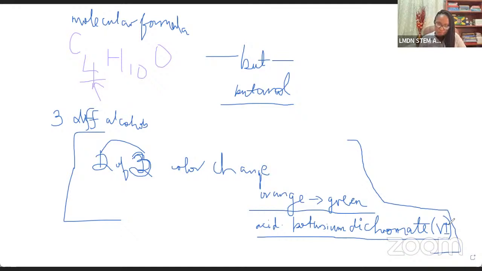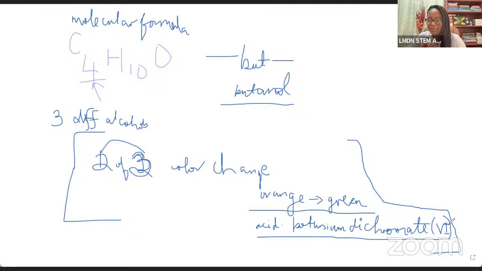The potassium dichromate will act as an oxidizing agent. An oxidizing agent oxidizes things while it itself is reduced, right? So as a result of that reduction of the acidified dichromate ion, we see that color change from orange to green, right?